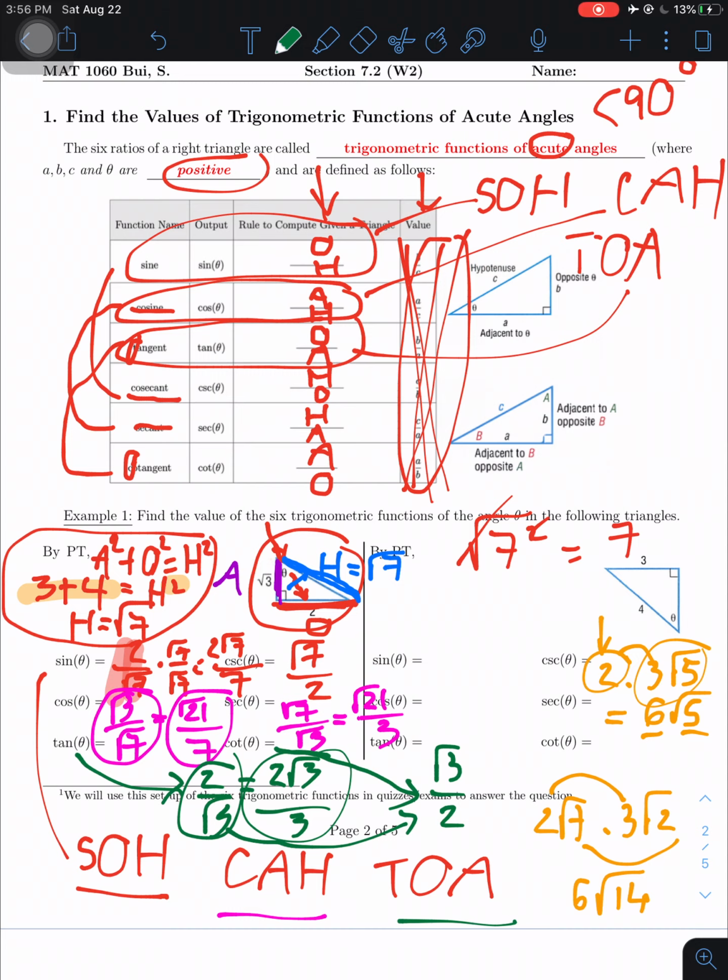All right. Oh, one more thing. Here's the footnote in here. We will use this setup of the 6 trig functions in the quizzes and exam. There's a purpose of this setup, actually, if you guys notice. Let me erase some of this first so I have more space.